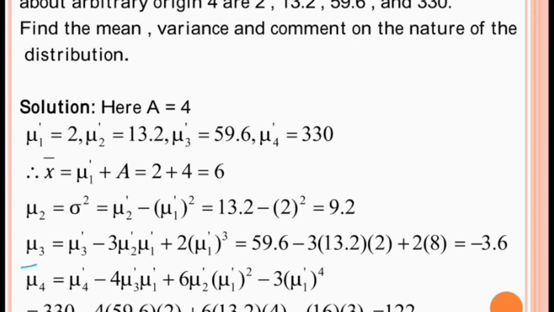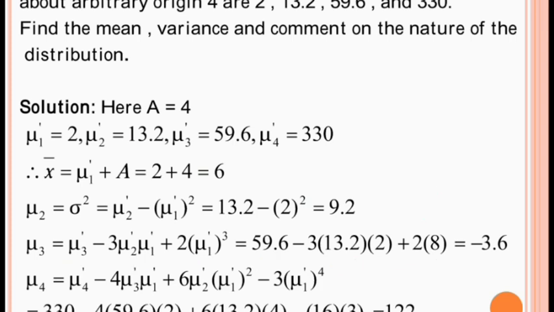Now mu3 will be equal to mu3 dash minus 3 mu2 dash mu1 dash plus 2 mu1 dash whole cube. We will put values: mu3 dash is 59.6, mu2 dash and mu1 dash are 13.2 and 2, and mu1 dash whole cube, that is cube of 2.